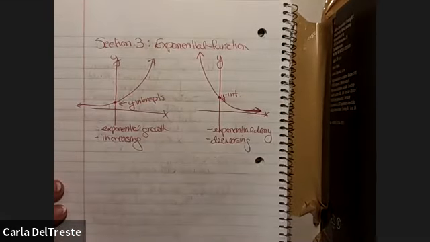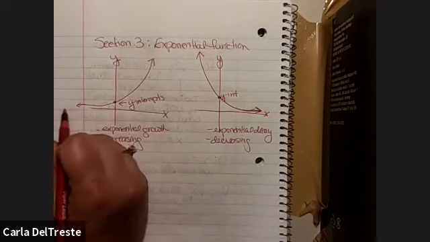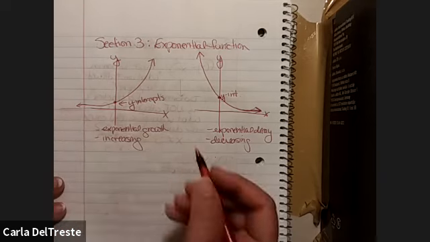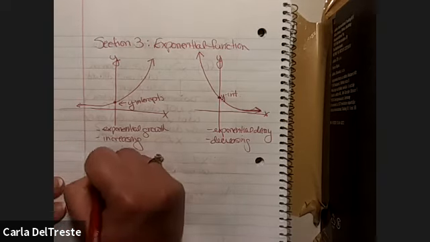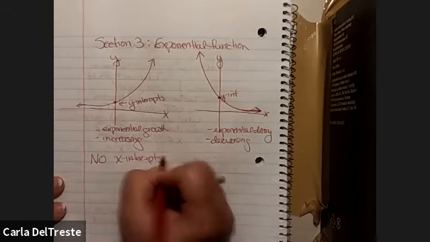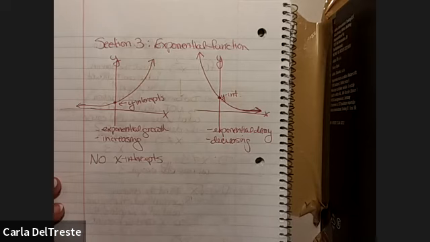Okay, but we talked about how this hovers. This is never actually going to touch the x-axis. So one unique feature of an exponential function is that there are no x-intercepts. An exponential is not going to touch the x-axis. And that's something to observe, okay?